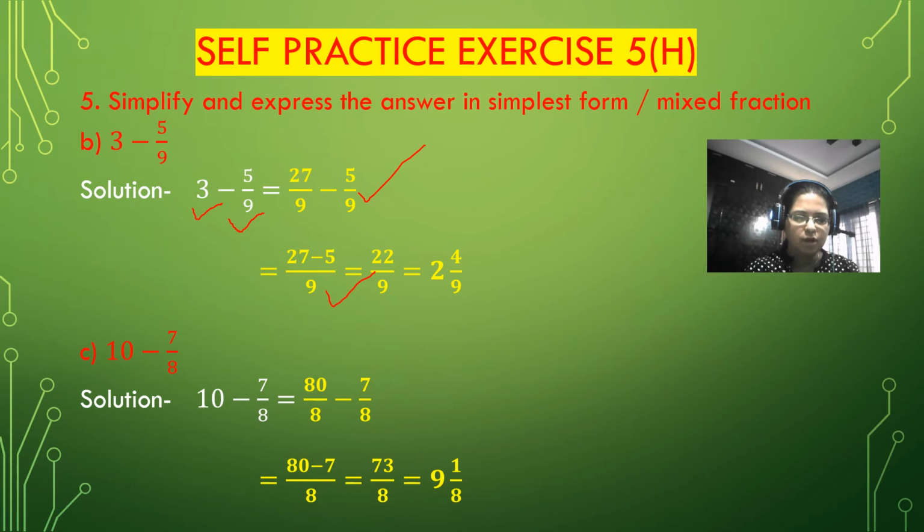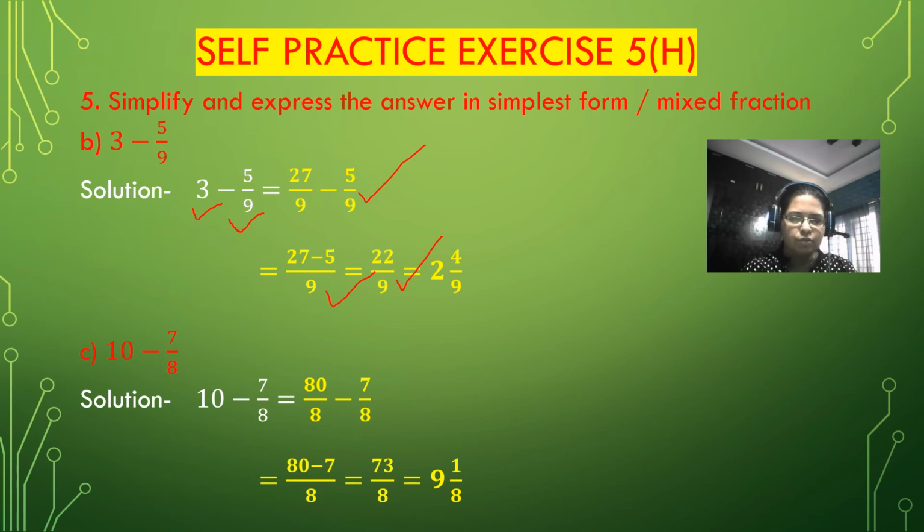22 divided by 9 is an improper fraction, as the numerator is greater than the denominator. So now we have to convert this improper fraction into a mixed fraction. Just divide the dividend by the divisor. The dividend is 22, divisor is 9. We know 22 equals 9 multiplied by 2 plus 4, where quotient is 2 and remainder is 4.